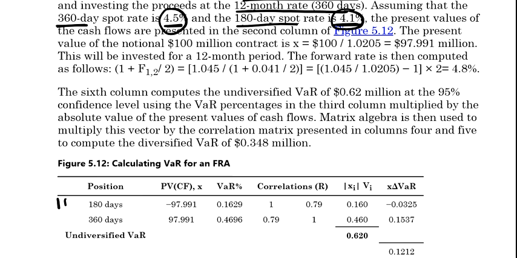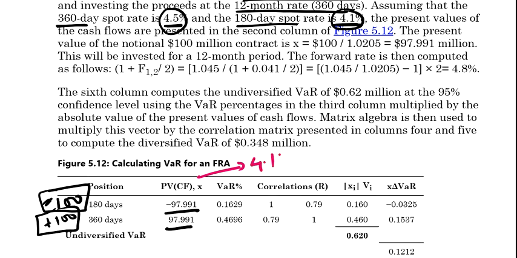So we can say that for 180 days you have borrowed 100 rupees, and for 360 days you have invested 100 rupees. So what will be your cash flow? This is the present value of our cash flow. What is the rate we have used to take the present value? The rate we have chosen is 4.1% to find out the present value of our cash flow. Clear? So this is the amount.